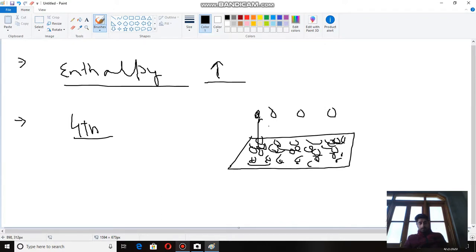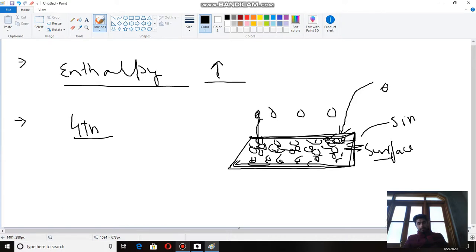Now once these particles cover this surface, the new foreign particles which may try to adsorb over here cannot adsorb because the surface is not available. That is why in this chemical adsorption, the foreign particles form a single layer.